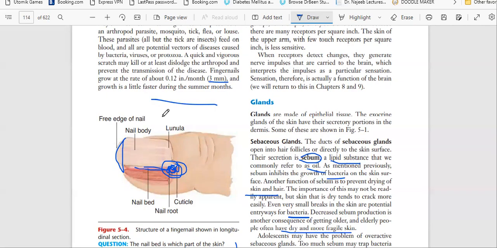So what they will do, they will put on creams, they will do facials, they will wash with different types of face wash, whatever they can get.